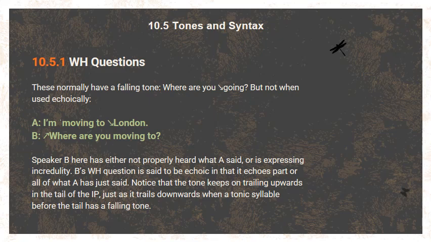Speaker B here has either not properly heard what A said or is expressing incredulity. This double-edged question is said to be echoic in that it echoes part or all of what A has just said. Notice that the tone keeps on trailing upwards in the tail of the IP, just as it trails downwards when a tonic syllable before the tail has a falling tone.